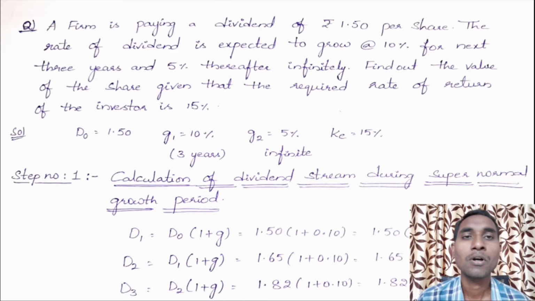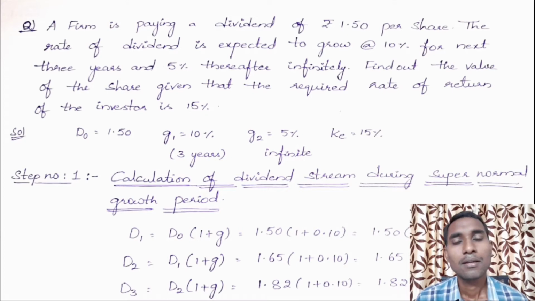You could find only one growth rate in a constant growth model question. But in this model, you will find two growth rates. So dividends of the company will grow as per two growth rates.